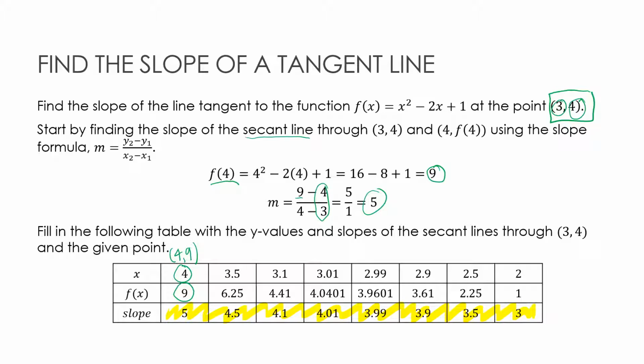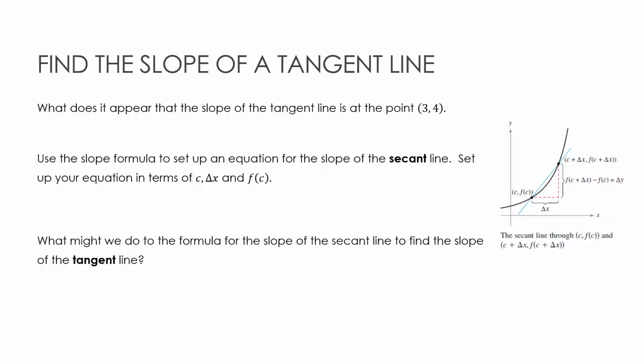Even though I haven't found the slope at 3, 4, I can pretty much determine that the slope is probably going to be 4. So using the table we just created, it appears that the slope of the tangent line at 3, 4 is 4.